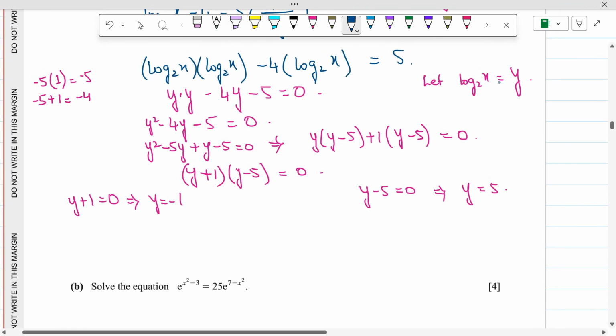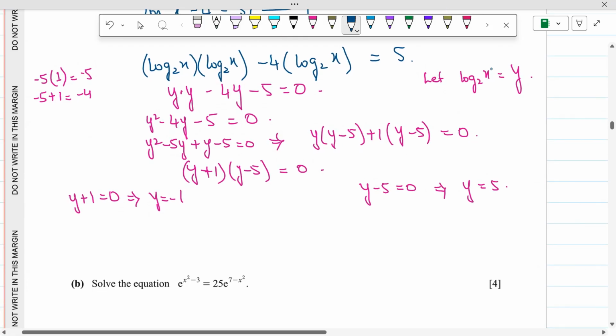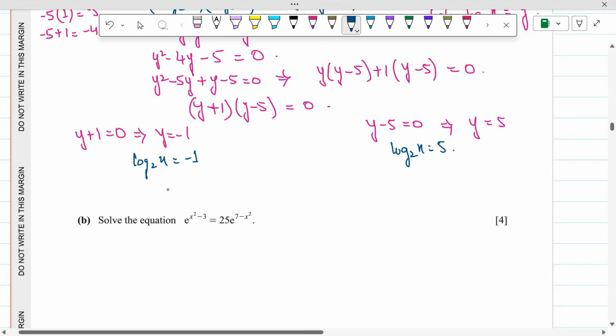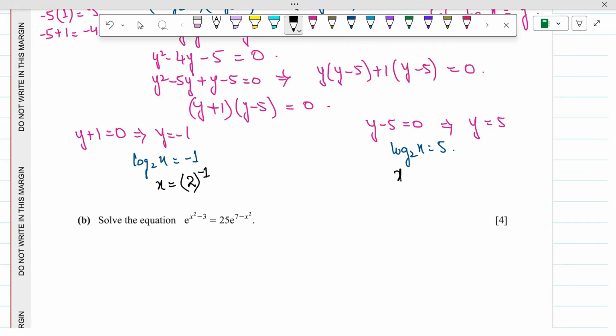We just consider that y is equal to log base 2x. So this one is log base 2x is equal to negative 1. And in this case, we have log base 2x is equal to 5. So x is equal to 2 to the power of negative 1, and on the other side we will have x is equal to 2 to the power of 5.